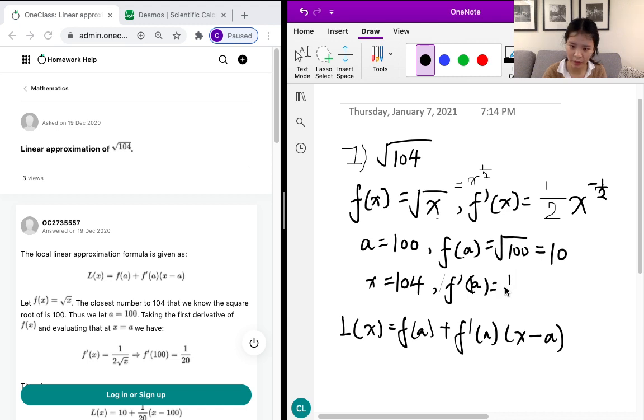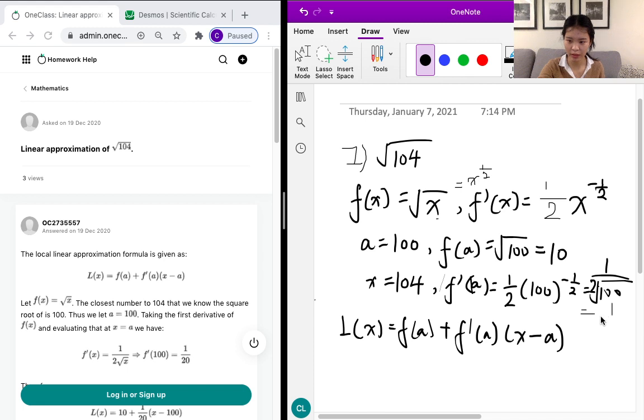So that would just be 1/2 times a, which is 100, to the power of negative 1/2, which is the same as 1/2 times 1 over the square root of 100, and we know the square root of 100 is 10, so it's just equal to 1/20.